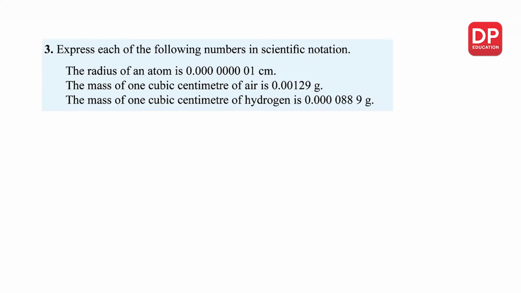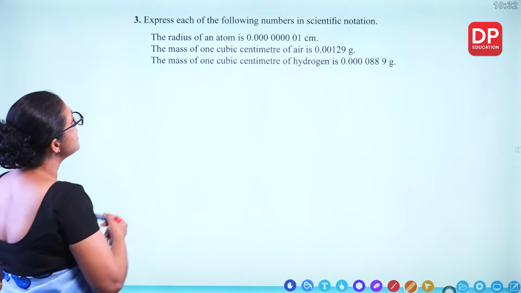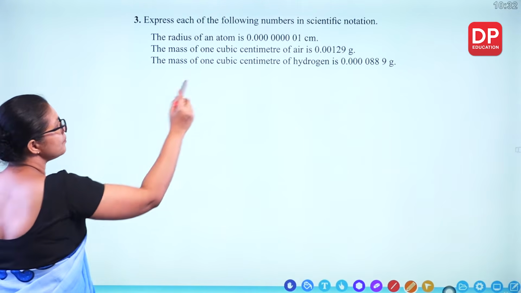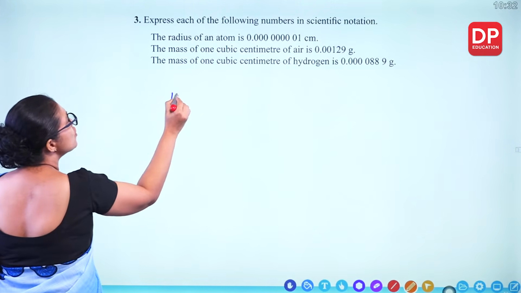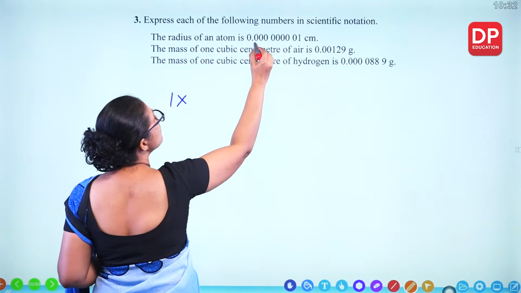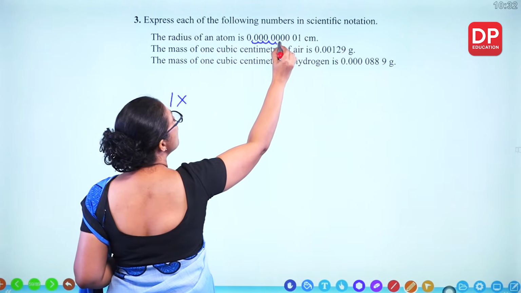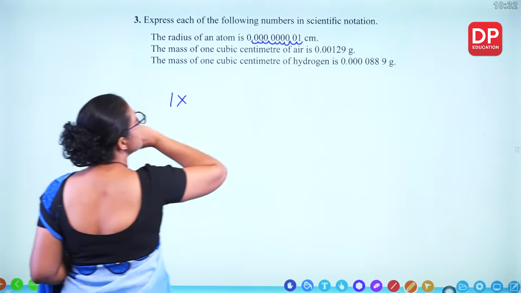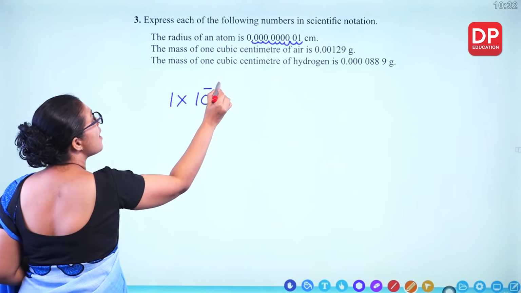Question number 3. Express each of the following numbers in scientific notation. The first one is the radius of an atom is this value. So 1 into how many places? 1, 2, 3, 4, 5, 6, 7, 8, 9. 10 to the power minus 9.